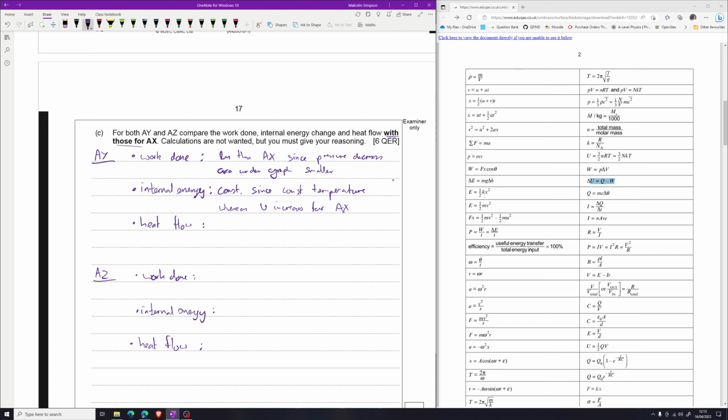Heat flow, then heat flow into gas is less than AX, equal to the work done.